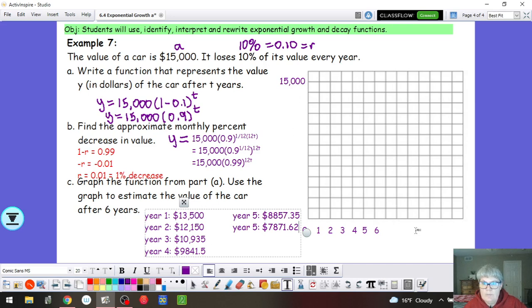So when I put my values on my graph here, each one of these is going to be 1,000.